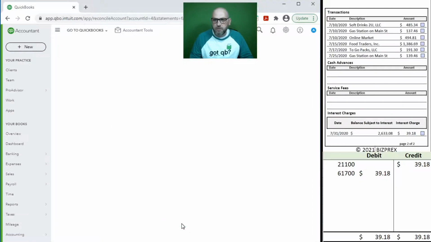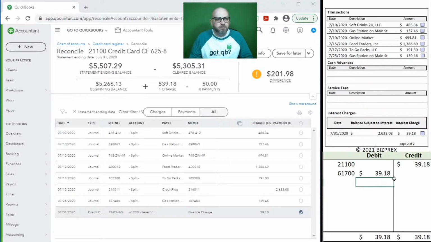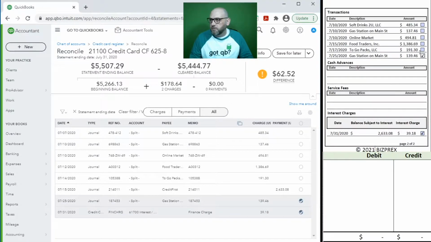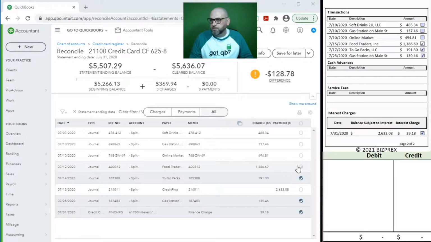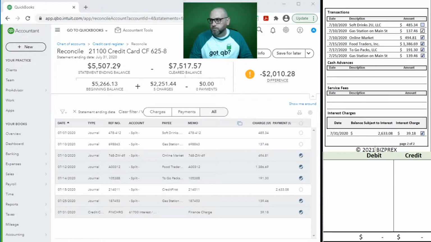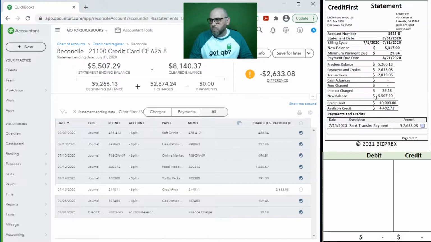Okay, let's start with our reconciliation. We can see that that amount is marked up, so we can do the same on our end. Okay, so here we are. We're going to mark off our transactions. Okay, and then we had a payment, right?